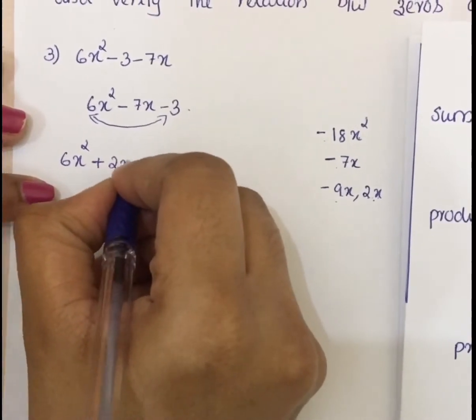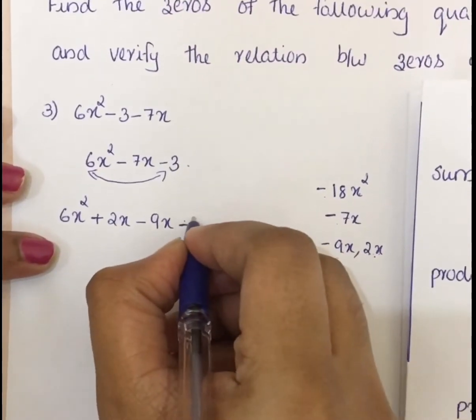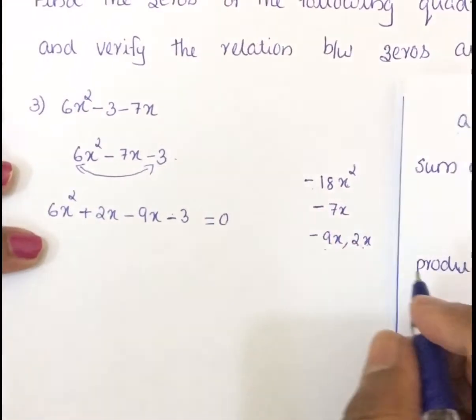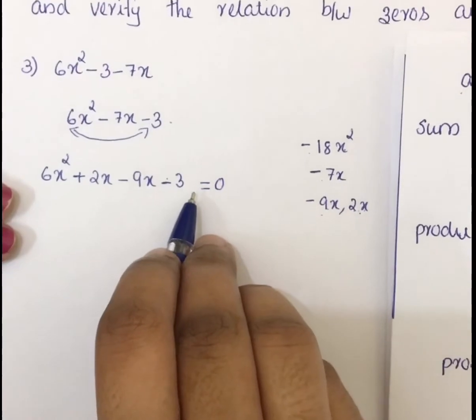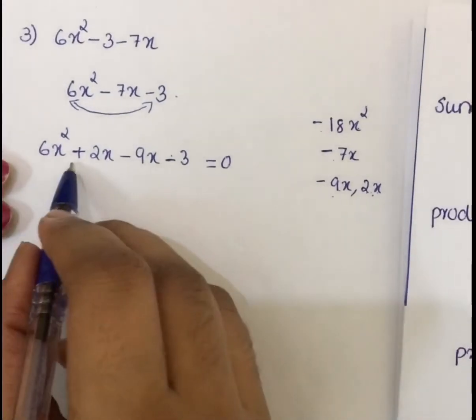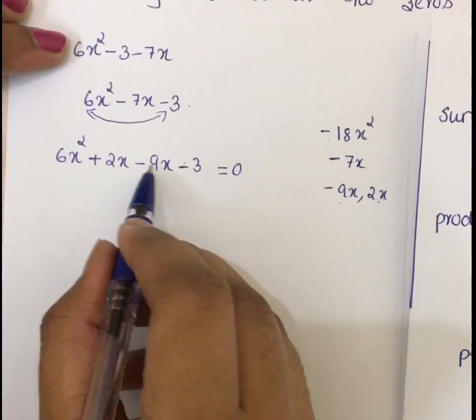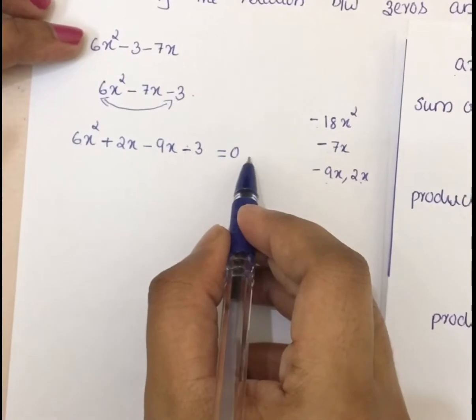Now 6x square plus 2x minus 9x minus 3 equal to 0. If you find the zeros of the polynomial, you have to equate the polynomial with 0.